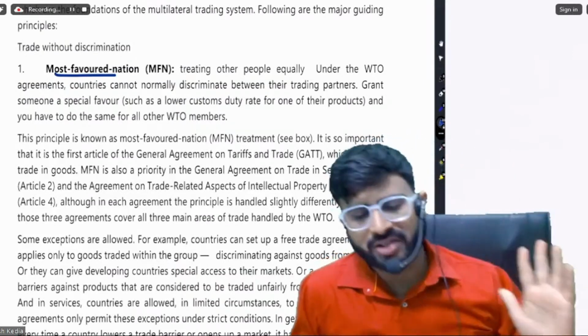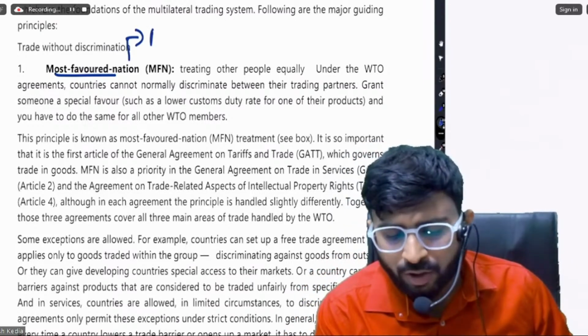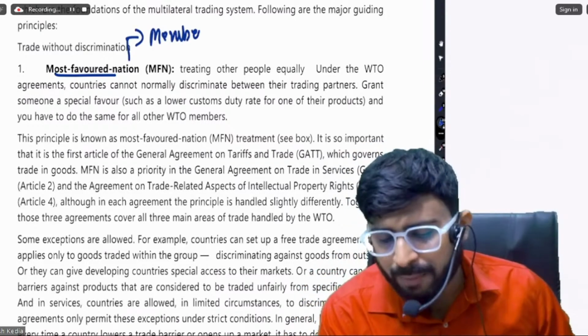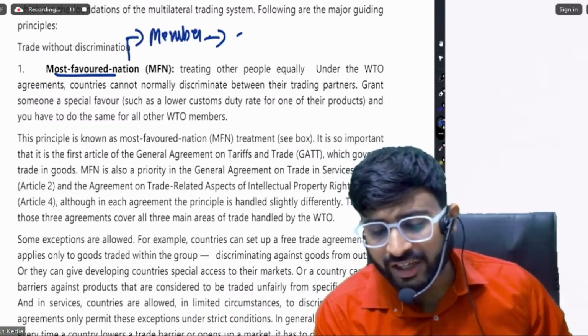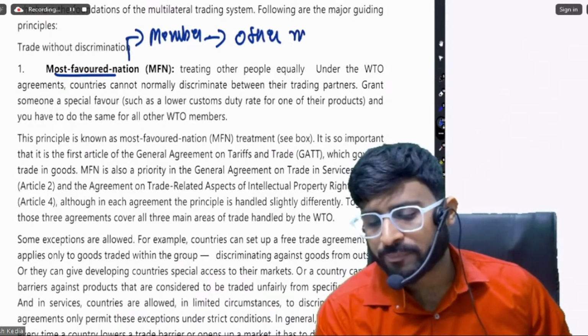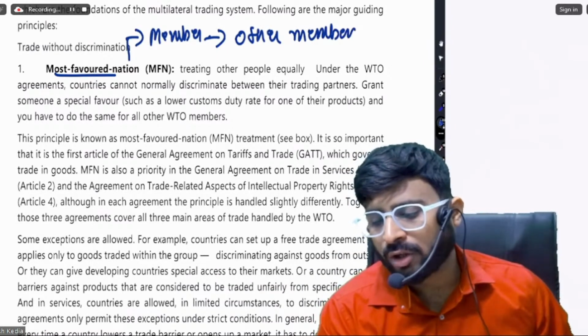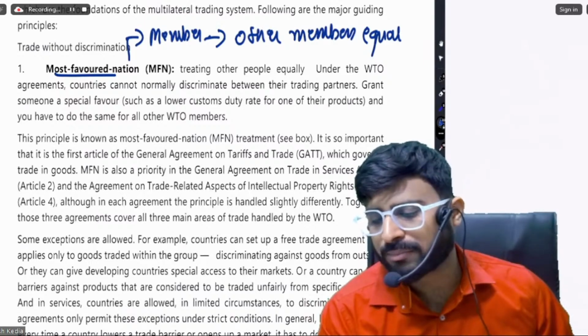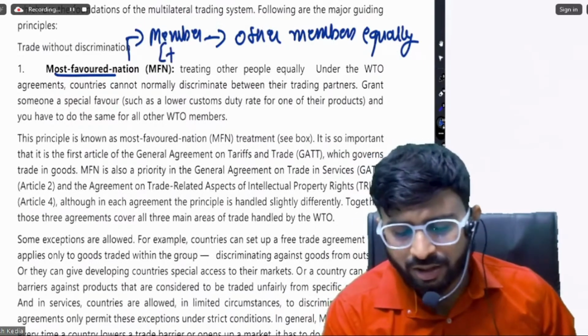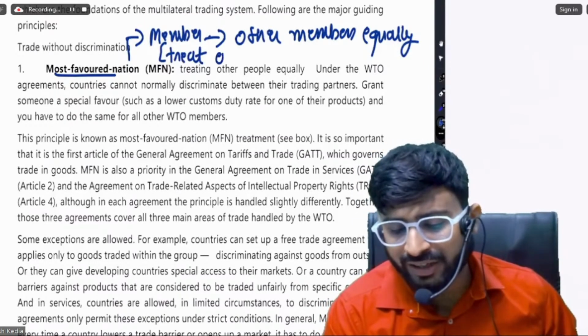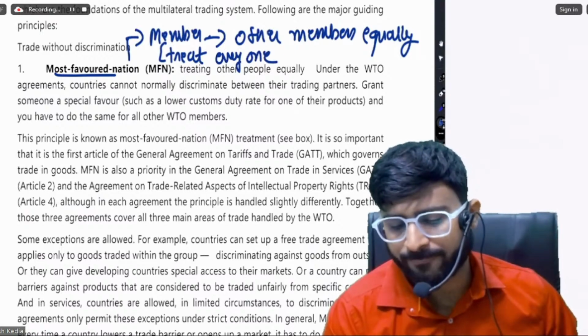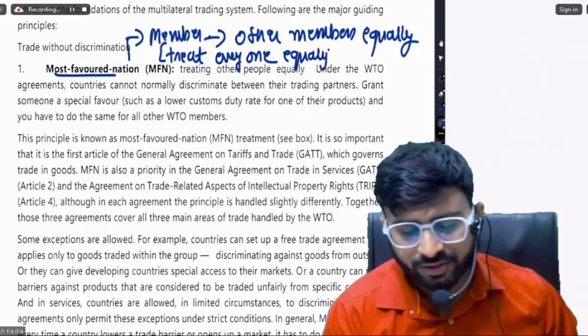What is most favored nation status? Each member of the WTO will treat other members equally. So you can write it here in the material itself: treat everyone equally. This is the scope.